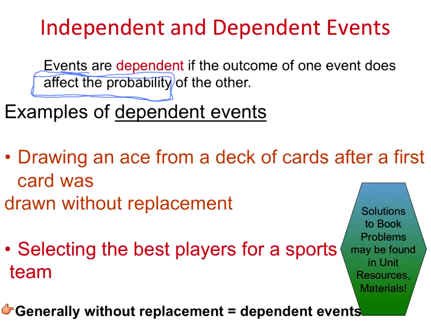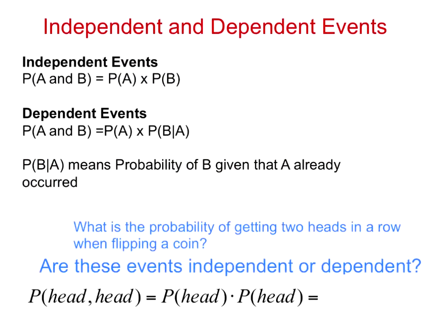So this at the bottom is huge, and I added that for you on purpose. So without replacement is a dependent event, meaning when I don't put things back in the pile, that's when they get dependent on each other. If you pick 2 cards, your next card is going to depend on what you already picked. So when you don't have replacement, it makes it a dependent event.